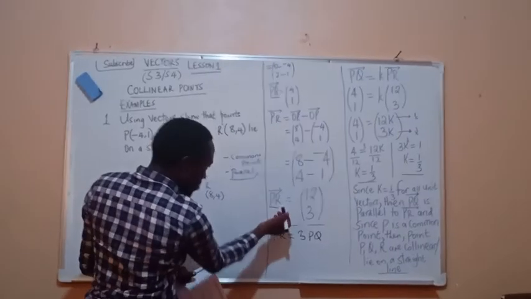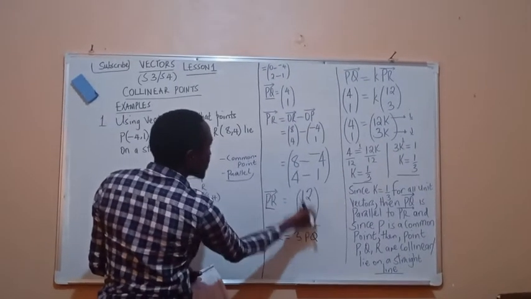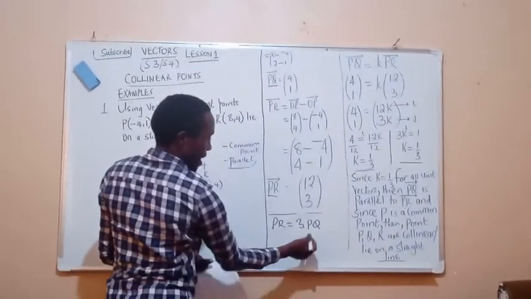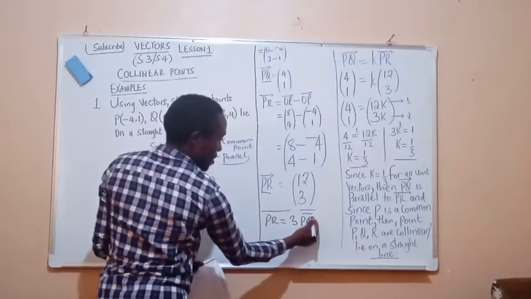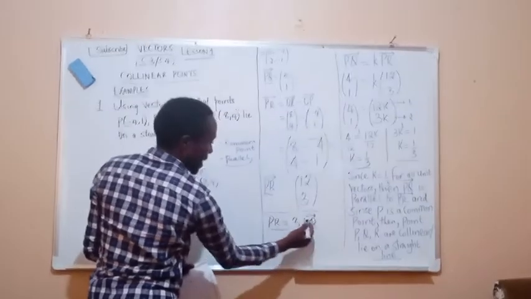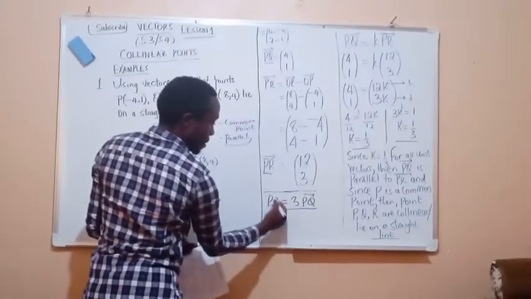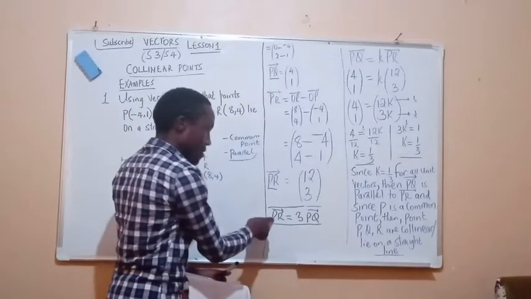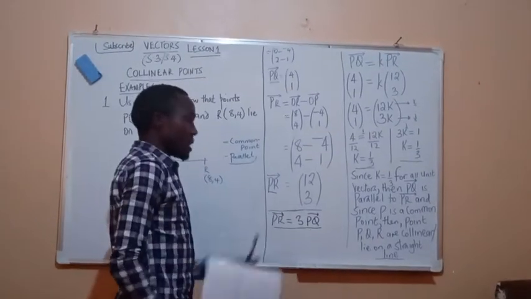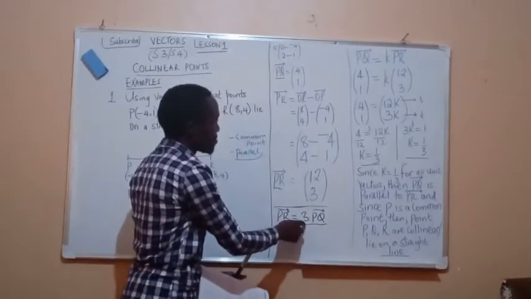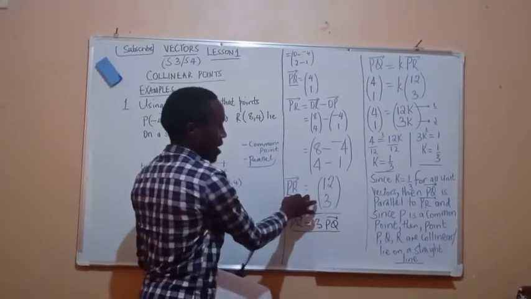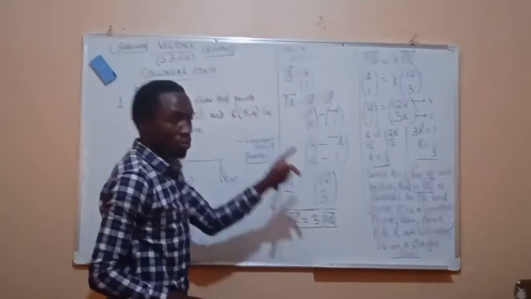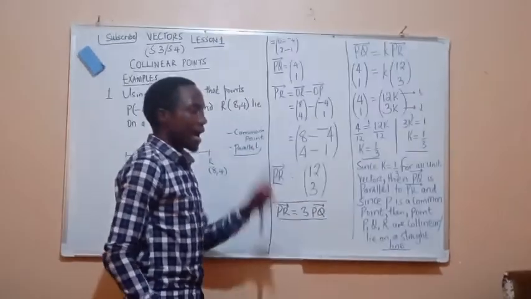Why? Because to get PR, there is what we multiply in PQ, which is 3. So still, this case would make these lines parallel to each other. How do you get a 3? After factorizing PR. So that way, you would have shown that points are collinear.